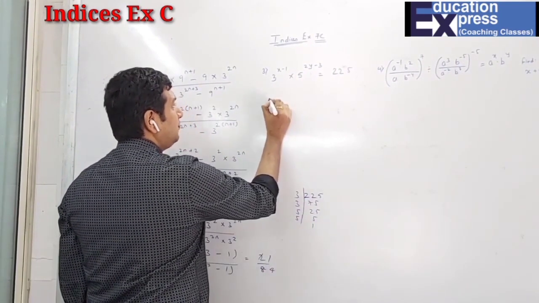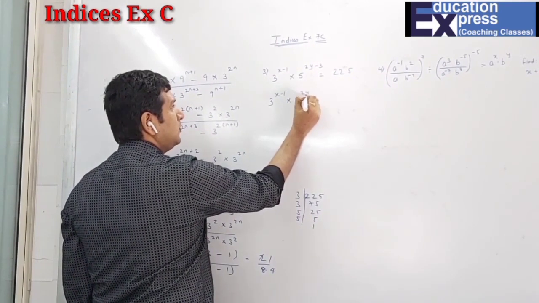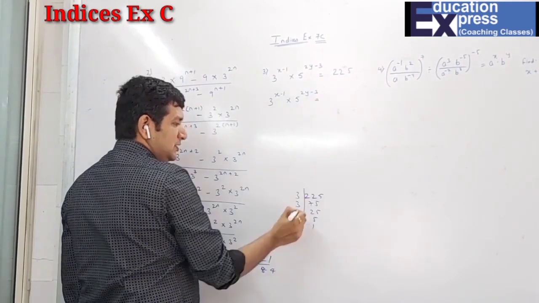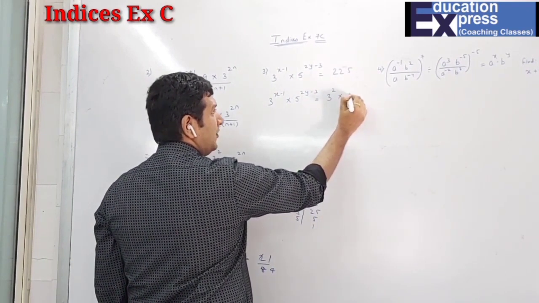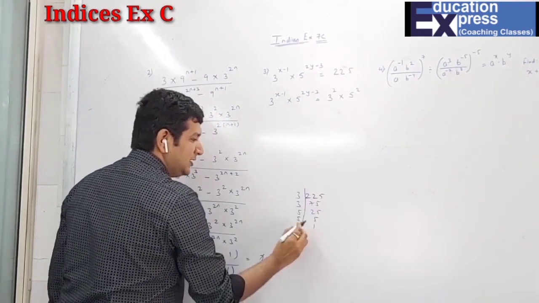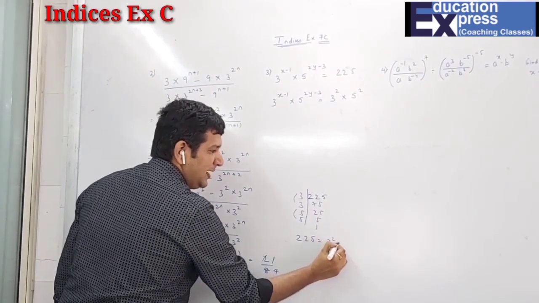So now 3 raised to x minus 1, 5 raised to 2y minus 3 equals to 3 square into 5 square, because 225 is nothing but 3 square and 5 square.